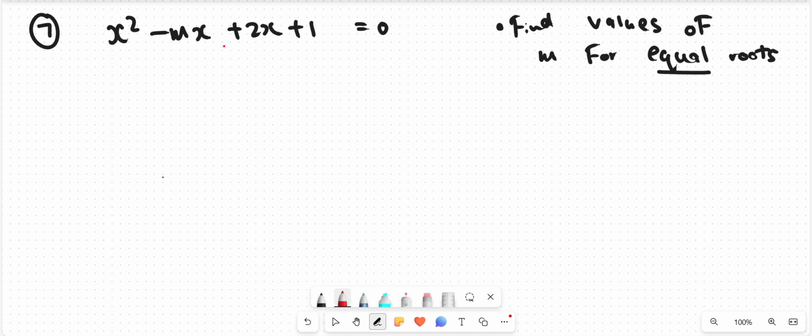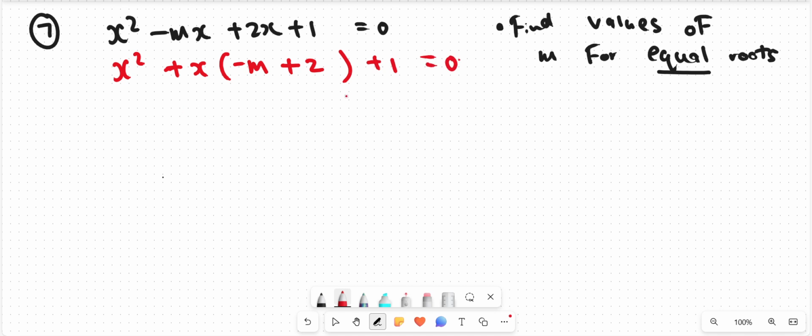Here I notice that I can factor out an x, a positive x, and so inside of my bracket I will have a negative m, and a positive 2 inside with my plus 1 right there, all equal to 0.